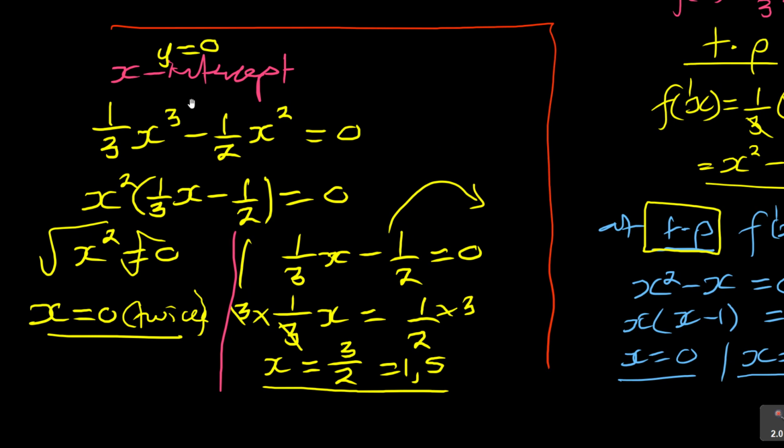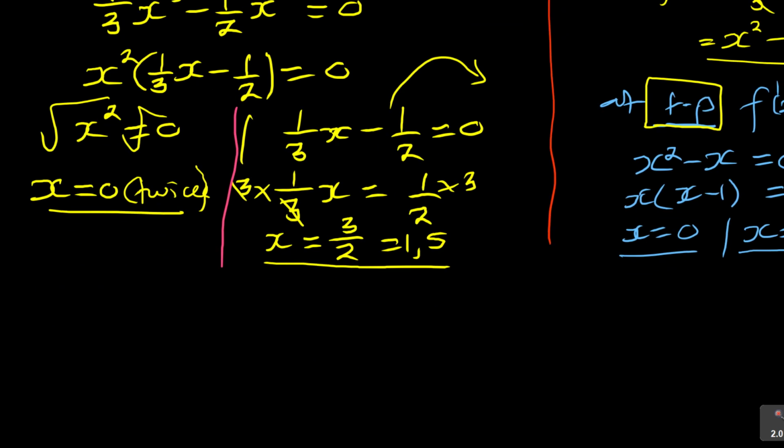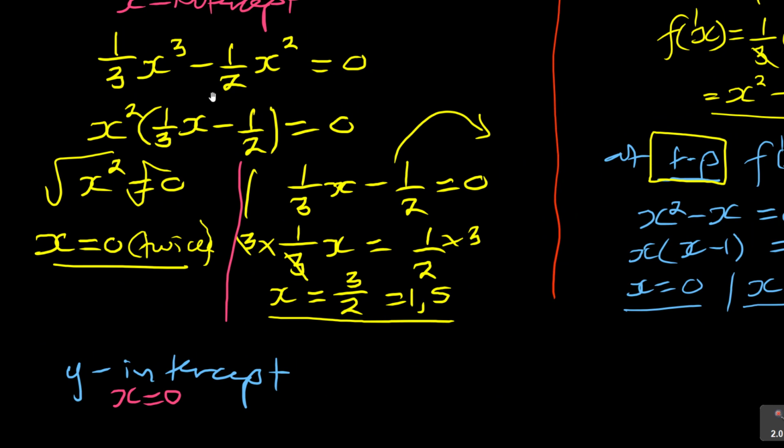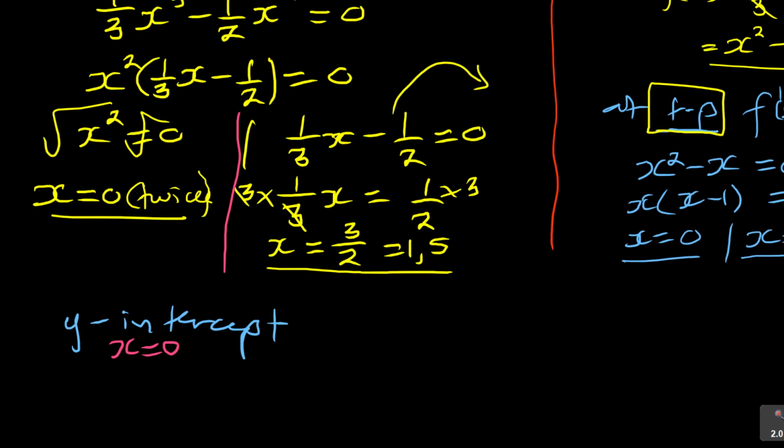That was the x-intercept. Let's find the y-intercept. The moment you say y-intercept, remember the condition: x is equal to 0. So we come back here to the original. f of x is equal to 1 over 3x cubed minus 1 over 2x.